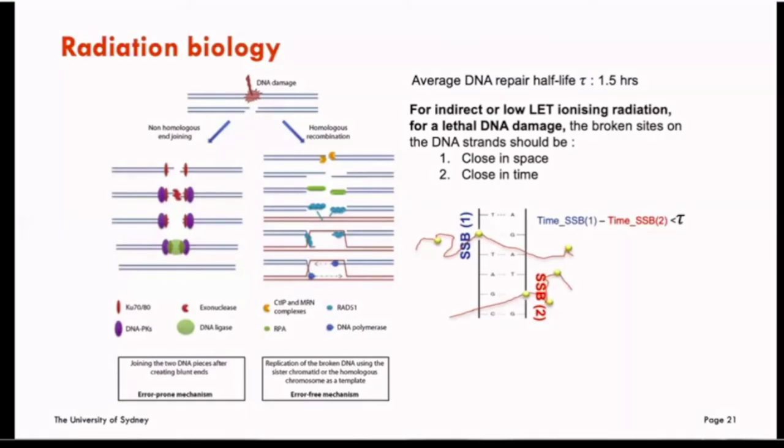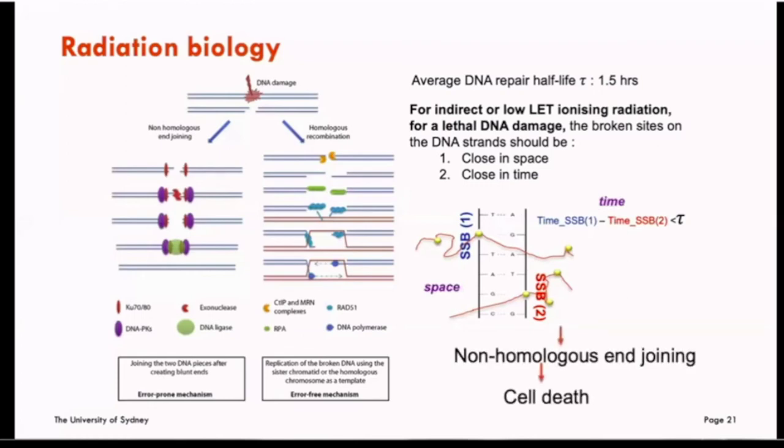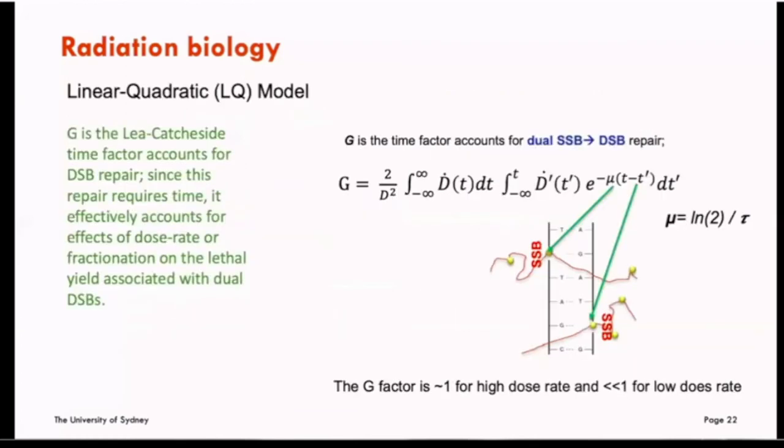Therefore, for low LET particles, the two SSBs need to happen close in space and time, which means before the DNA repair happens, and also the broken sides are close enough, so that promotes the non-homologous end joining to cause a lethal damage and eventually the cell death.